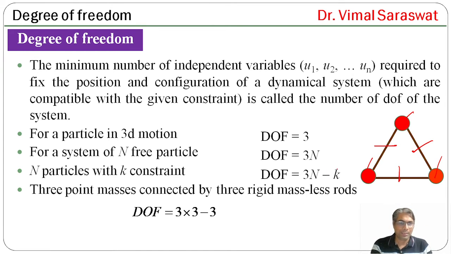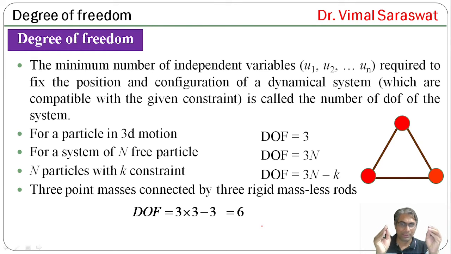So n equals 3 and k equals 3, because here we have 3 constraints. So degree of freedom is 3 into 3 minus 3, that is 6. So the degree of freedom for 3 point masses connected by 3 rigid massless rods is 6.